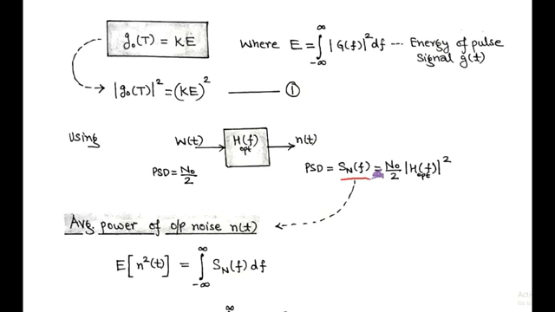density is denoted by Sn(f), and it is equal to N0 by 2 times the square of the magnitude of the impulse response of the matched filter. So the power spectral density of filtered noise is equal to N0 by 2 |H optimum(f)| square.